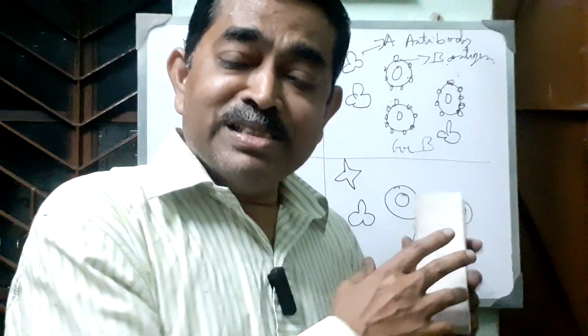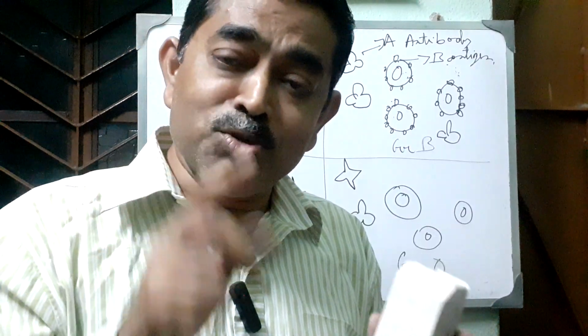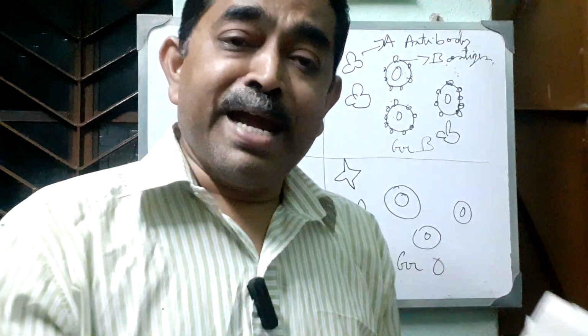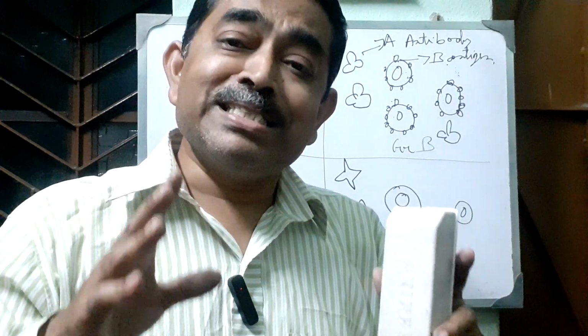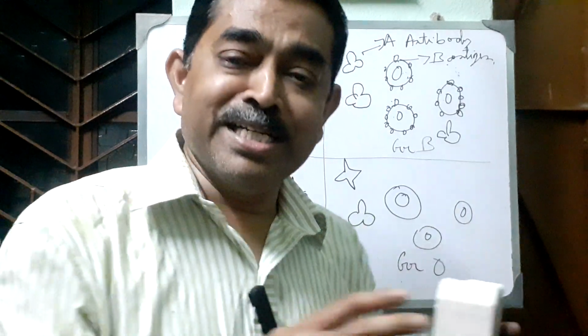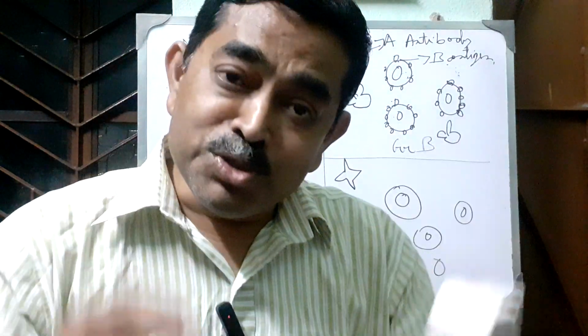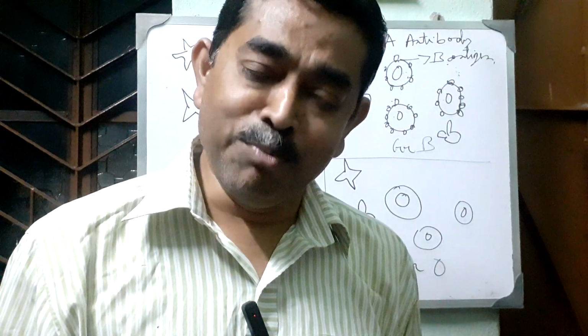In case of B, the enzyme is alpha 1,3 galactosyl transferase. In case of A antigen, N-acetyl galactosamine sugar is produced, and in case of B antigen, the D-galactose carbohydrate is produced.